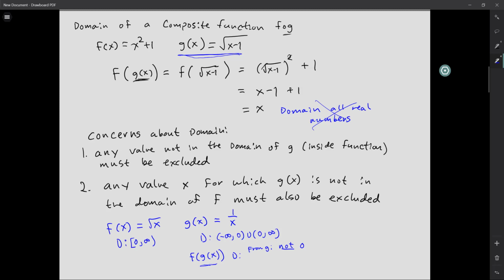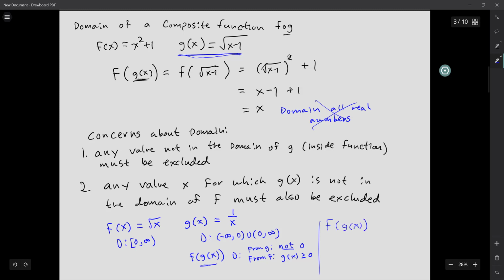But from f of x, this says that g of x cannot be negative. So this should say g of x is greater than or equal to 0. Okay. So that limits me a bit.